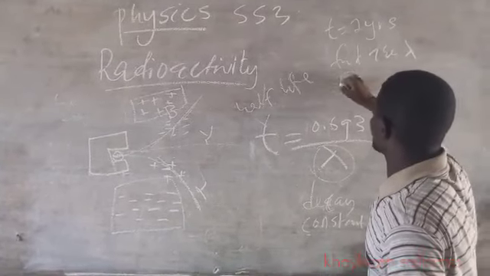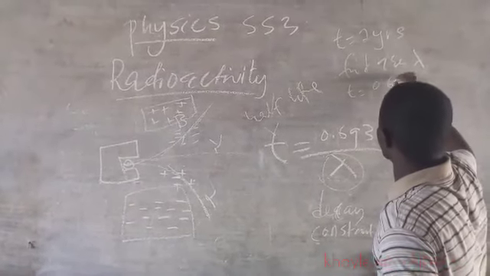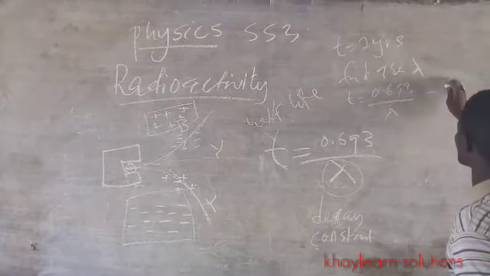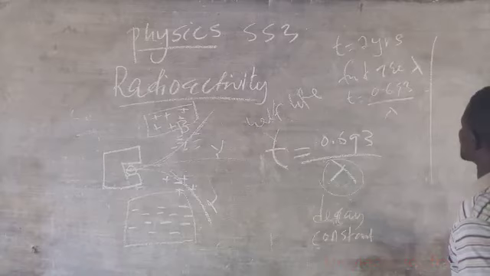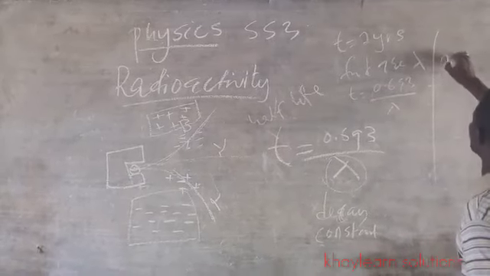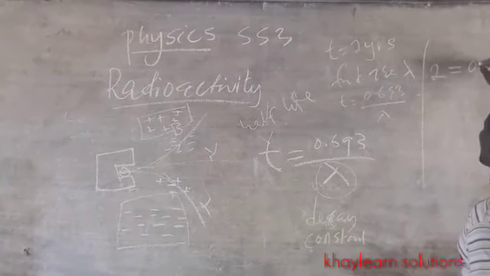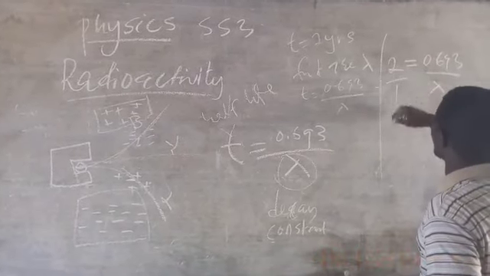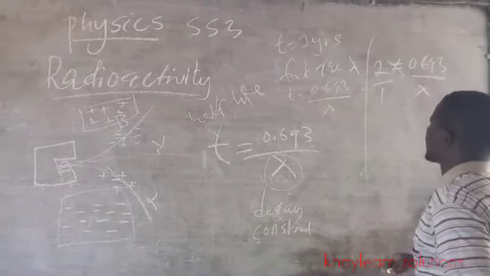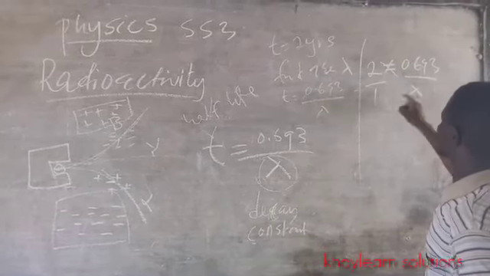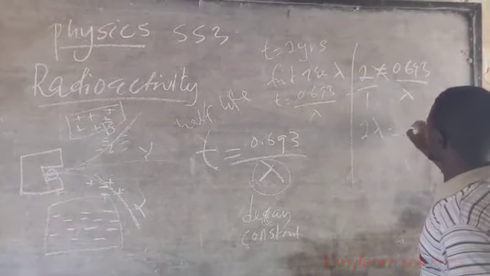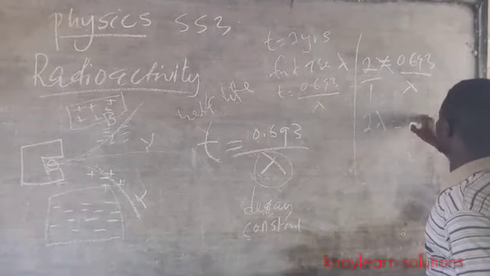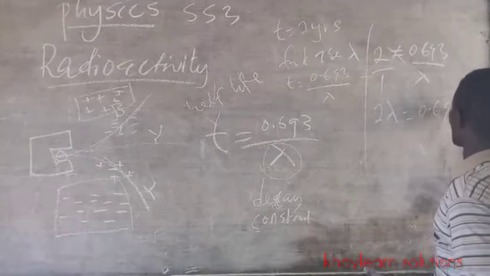What you do is just use this formula. T equals 0.693 divided by lambda. You now substitute T, and T is 2 years, so put 2 equals 0.693 divided by lambda. Cross multiply: 2 times lambda is 2 lambda, equals 1 times 0.693.